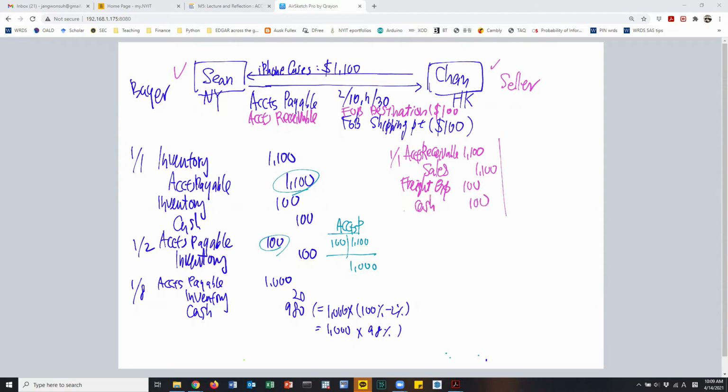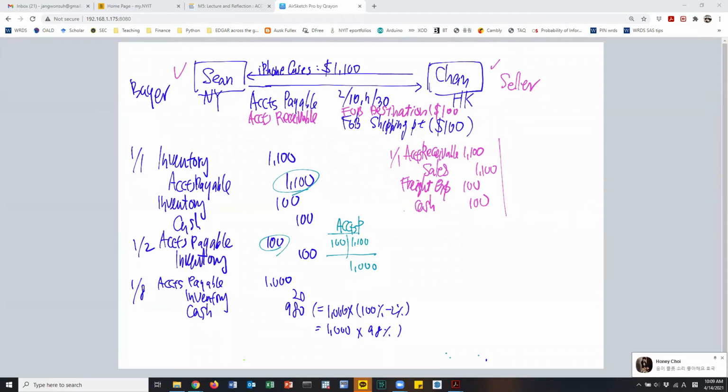But that's not all. It's not the end of the records from the seller's viewpoint. What other costs are there when you make sales? Chen is a seller, but he or she is also a manufacturer. He or she makes the iPhone cases. So we should consider the manufacturing cost.